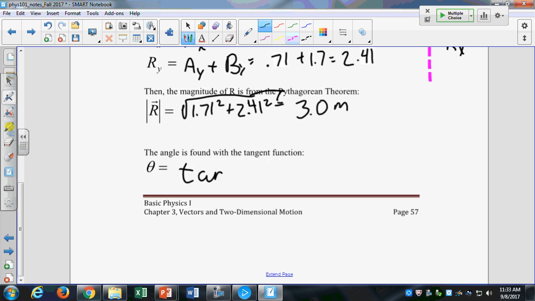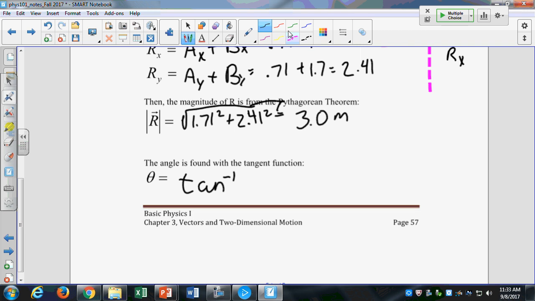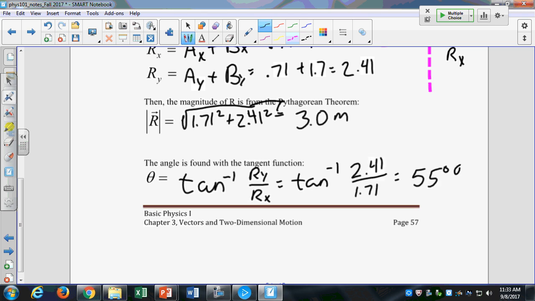The inverse tan of opposite over adjacent, that's going to be Ry over Rx. Inverse tan of 2.41 over 1.71. And that's equal to 55 degrees above the x-axis.